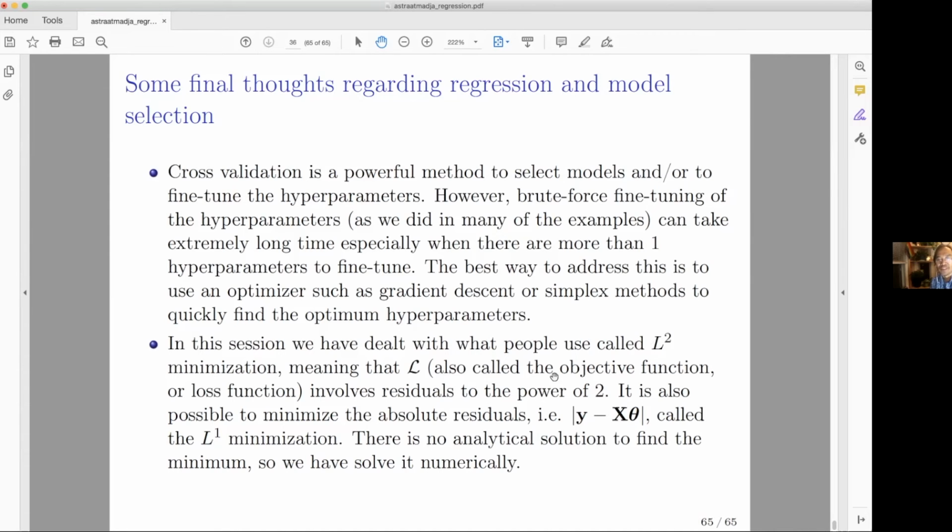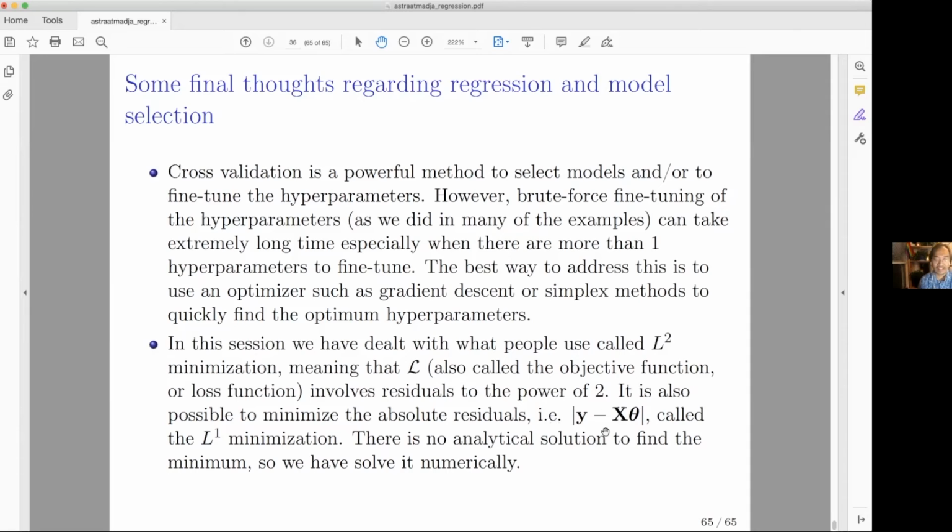This is also called an objective function or a loss function. The objective function is a function that you want to minimize in order to find the parameters. But L2 is not the only way to find the model. You can also minimize the absolute residuals, not the squared residuals. This is for L1 minimizations.